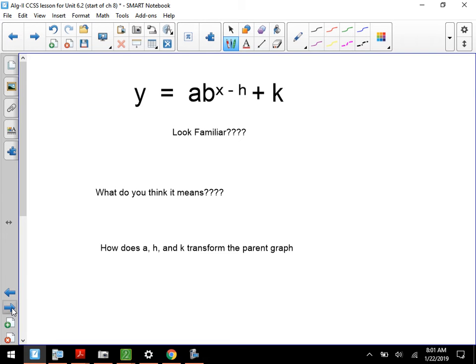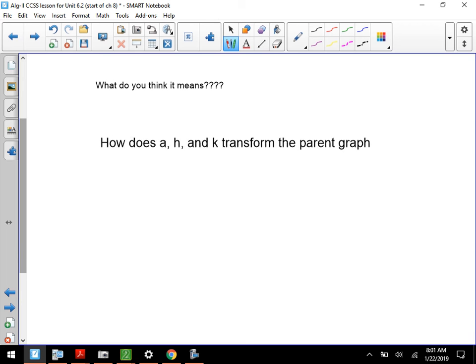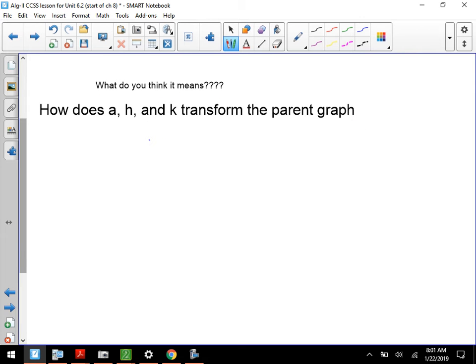All right. So this idea here of what A, H, and K will do, A is like a scalar. Think of it as a scalar. It's a multiplier up front. If it was written as y equals 2 times 2 to the x, order of operations tells you what to take care of first.